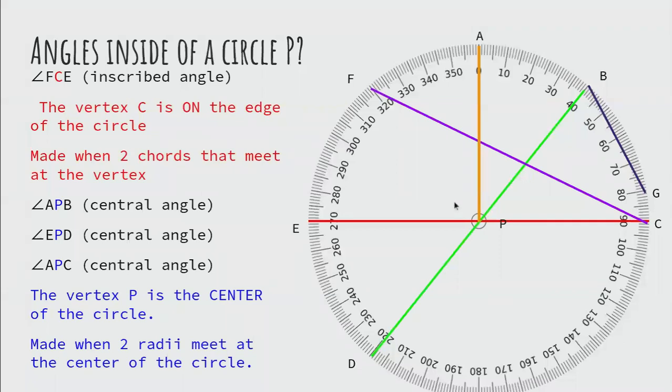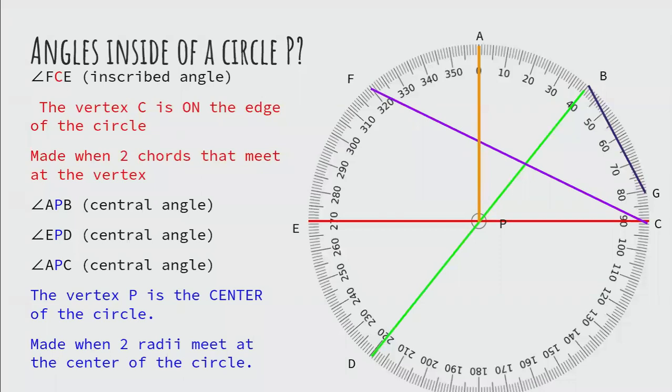It started at F, C is the vertex, and it ended at E. So it is an inscribed angle because the vertex is on the edge of the circle. Remember, when you name an angle, the letter in the middle is the vertex.